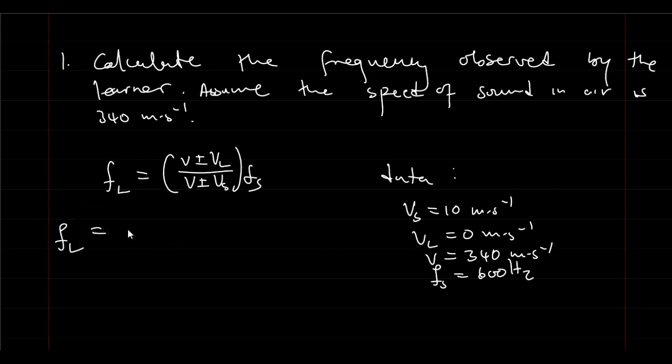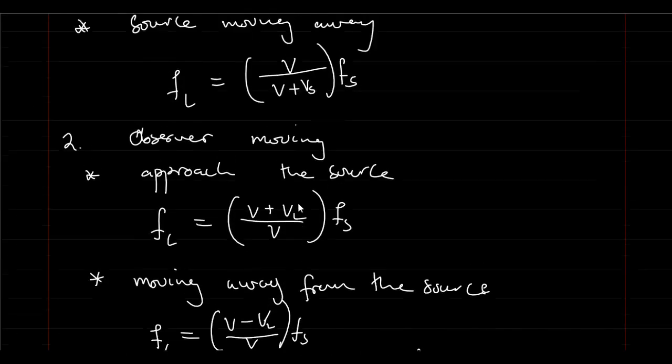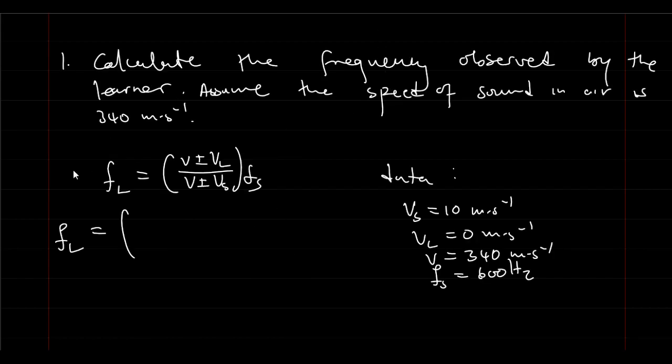So now we can use this formula directly as it is. Okay, so FL is equal to, so now going back to the scenarios, when the observer is stationary and the source is approaching the observer, it's scenario number 1. So the formula is FL equals V over V minus Vs multiplied by Fs.